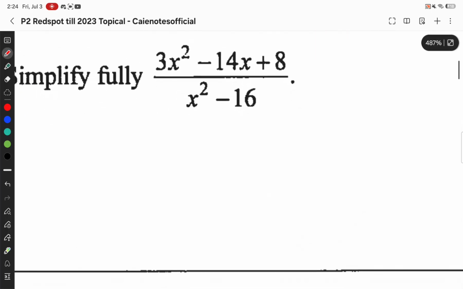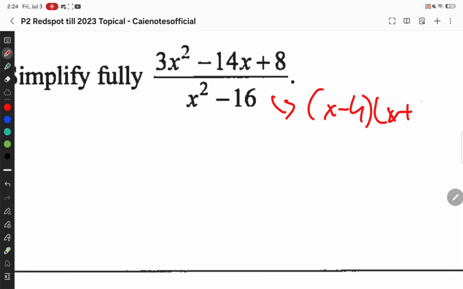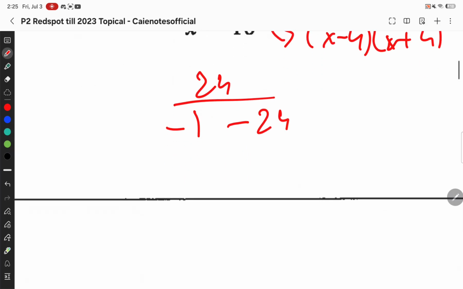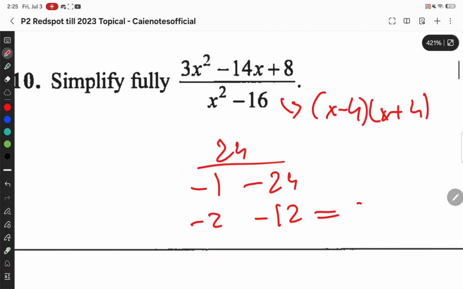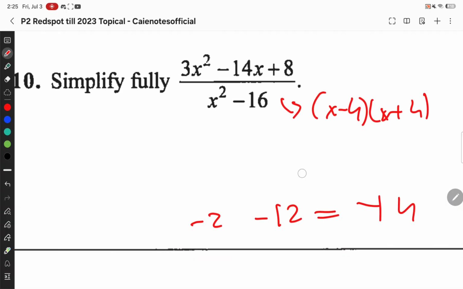Simplify fully. On the bottom, what do we get? x minus 4, x plus 4. On the top, what do we get? We need to add to negative, meaning both signs will be negative. Negative 2, negative 12, okay, this is negative 14. Nice. Sometimes you're fortunate, sometimes you're not.